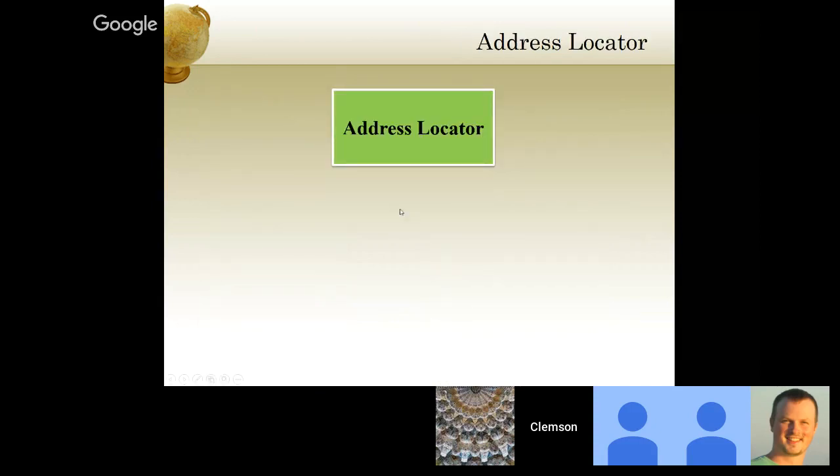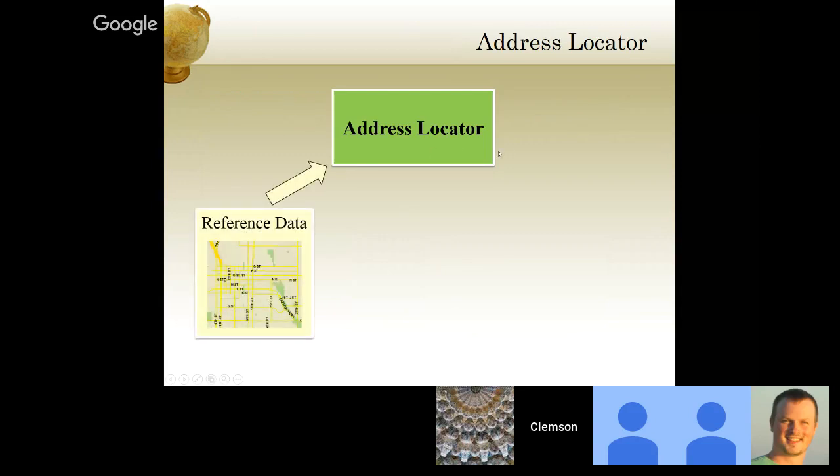So an address locator is what links up or searches through your database of information from your queried address description. An address locator will have a database of reference information built into it. And then it has rules for how to interpret and locate locations within those reference data, right?